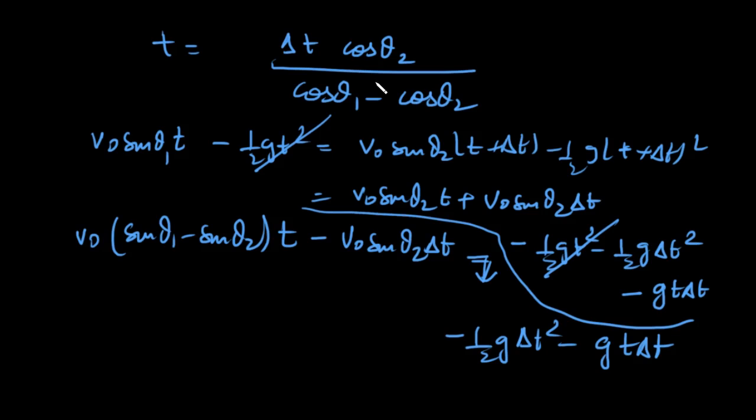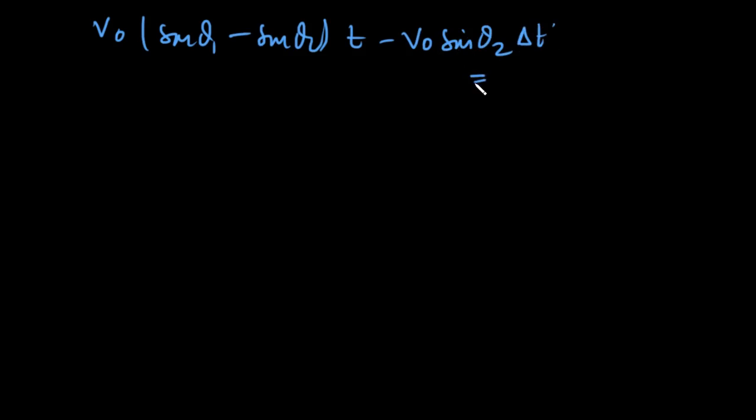Okay, so what we have here, after substituting, we have v naught (sine theta 1 minus sine theta 2) t minus v naught sine theta 2 delta t. This was equal to minus half g delta t square minus g t delta t.